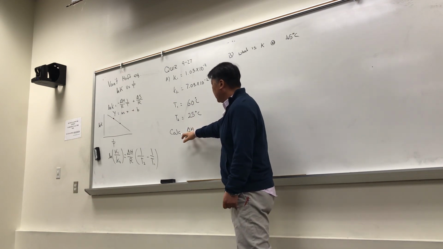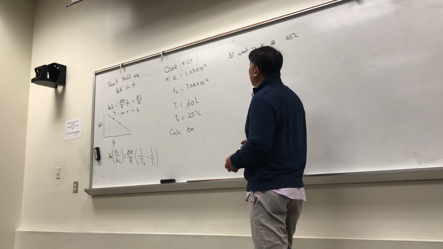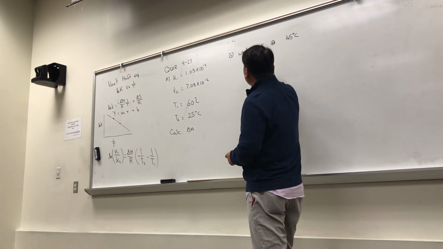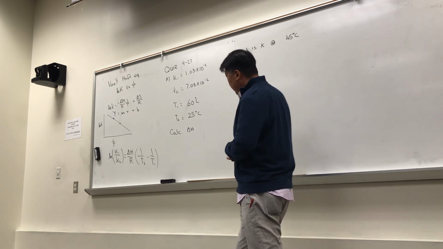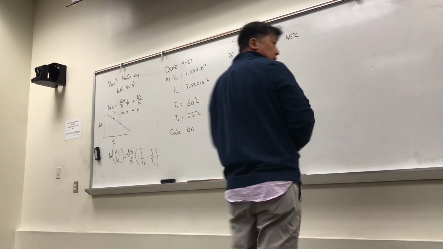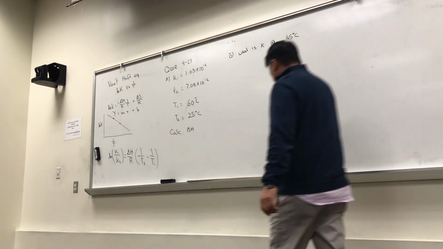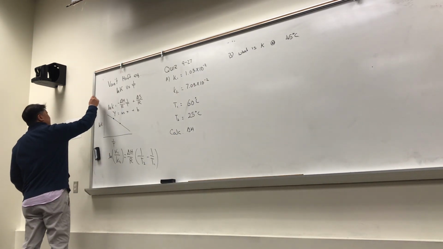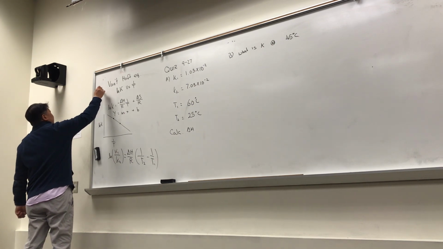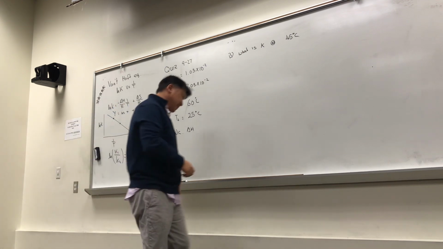You have to calculate delta H, and using delta H, go back and calculate the equilibrium constant at this temperature. This is going to be on that test. This is 5-star. That's going to be one of the questions on the exam.